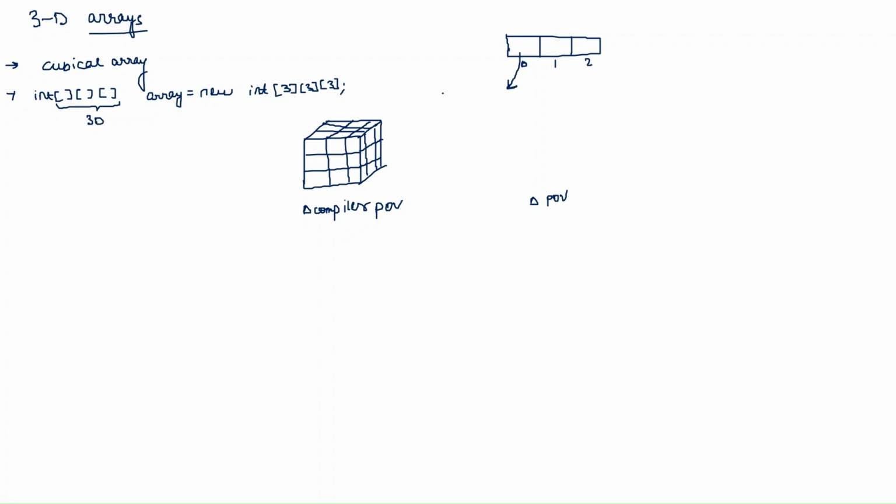There are 2D arrays, let's say this is a 2D array again of size 3, 0 1 2, where each index of that 2D array stores a 1D array of size 3. Something like this.